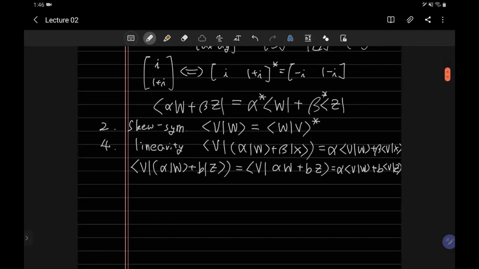Now, on the other end, what will be the value of the similar expression? Sorry, I sometimes call this alpha and sometimes call it a. Let me just use a for consistency.